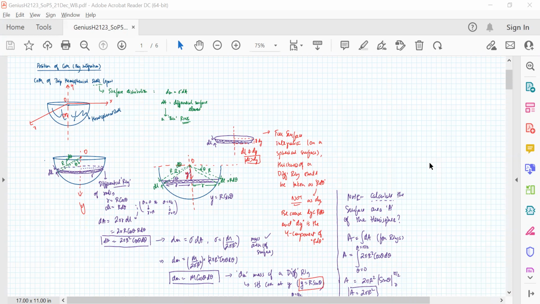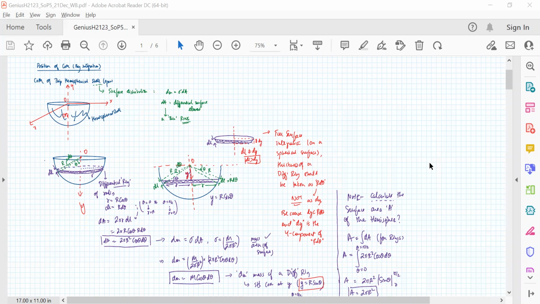Okay, so once again, we can see in our diagram that if we take our origin at the center of curvature and the plane of the open part of the hemispherical shell as our xz plane, then our y-axis becomes the symmetry axis. So the center of mass lies somewhere on the y-axis.